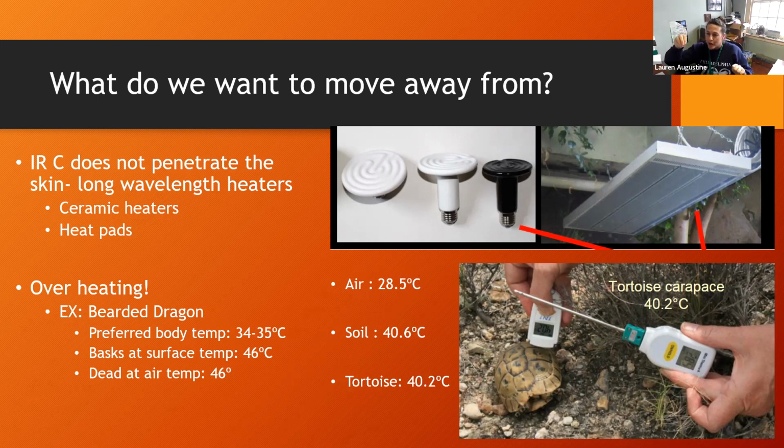They can get burned because they are trying to effectively heat their entire bodies, which in the sun they would expose. But sometimes in our environments, we're providing small basking areas that they have to sit in for a very long time to reach their preferred body temperature, and that can result in a thermal burn. So that is something to look for.